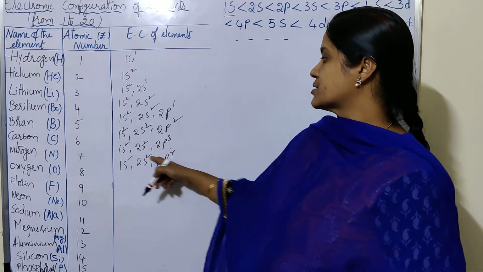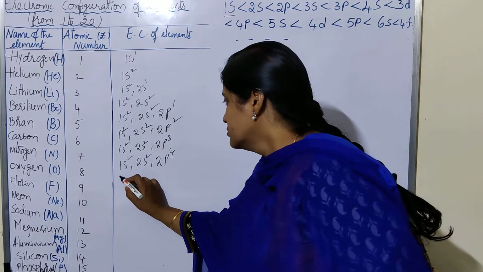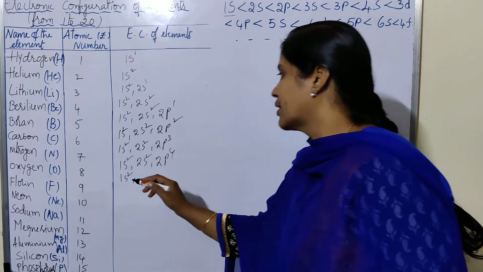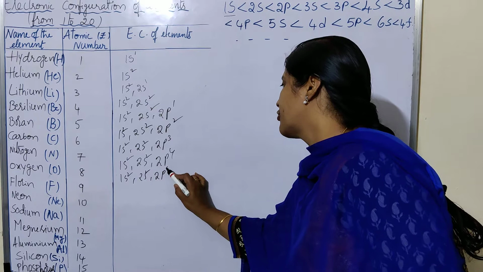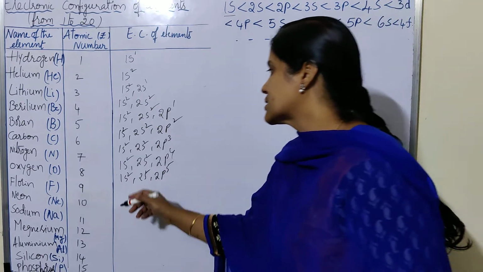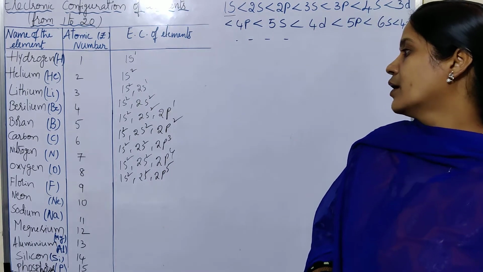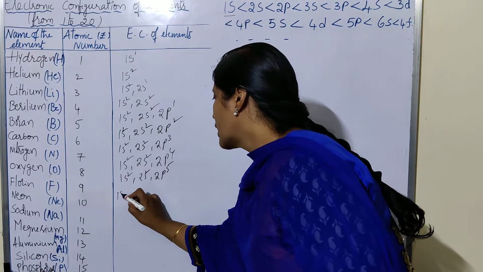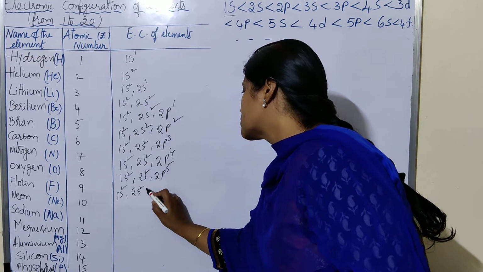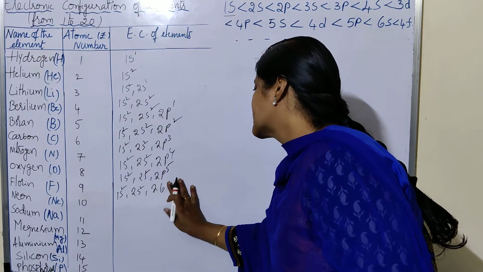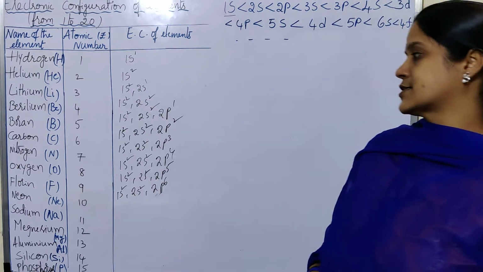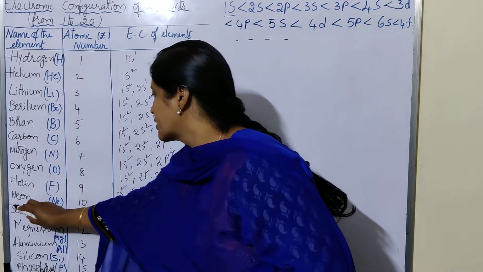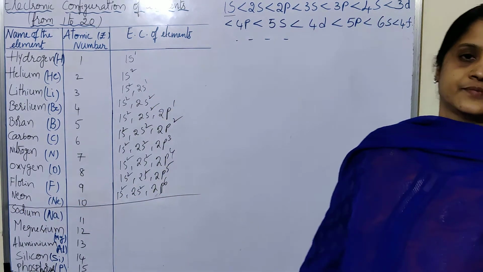So always count the number of electrons. Next fluorine, 9 in the 2p: 1s2, 2s2, 2p5. Next neon, 1s2, 2s2, 2p6. So this is for up to neon.